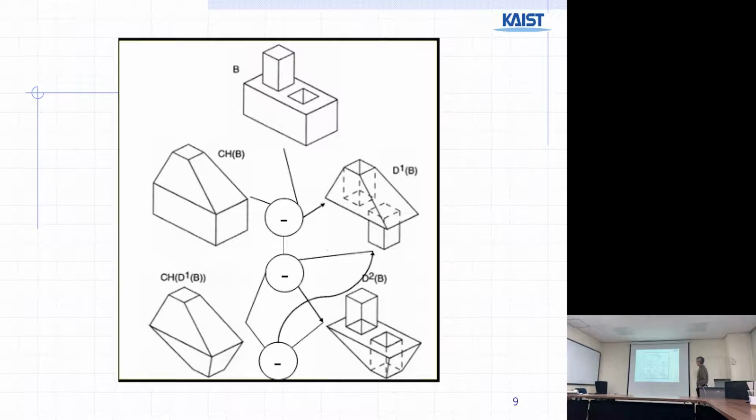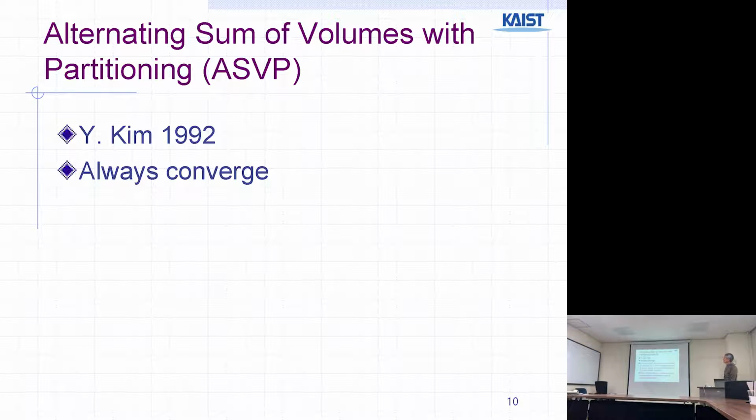So similar picture, but notation is different, right? Convex hull difference. Convex hull difference. In this way, they arrive at convex hull decomposition. So this is a new one. This is Yong-se Kim.